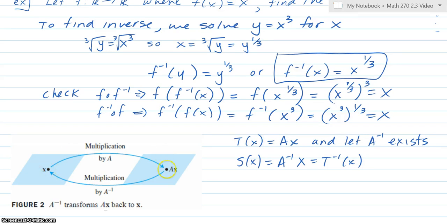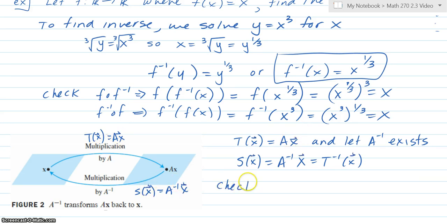So they have a picture of it here in figure 2. Here, this is our matrix multiplication, right? This was T, and therefore equaling Ax. And then if we go back the other way, this one is going to be S, equal to A inverse of x. Let's change that to T inverse of x. And of course, these are all vectors.